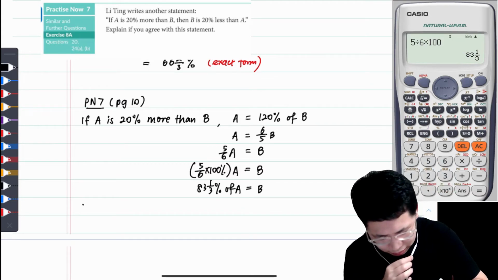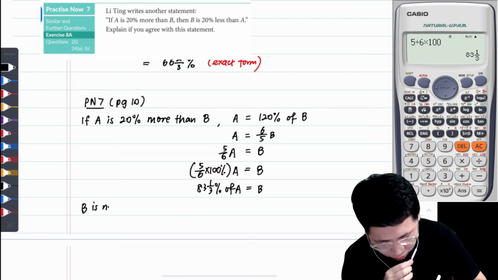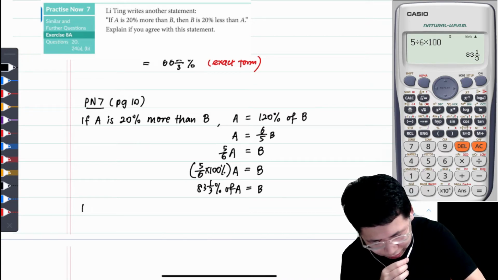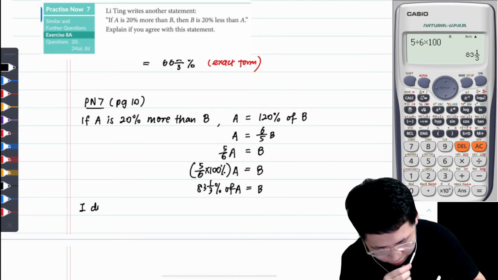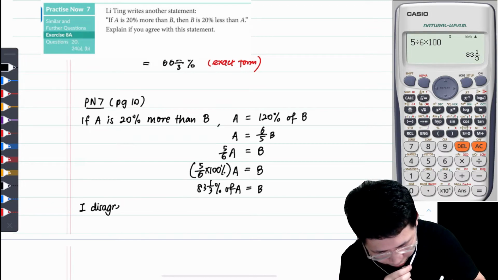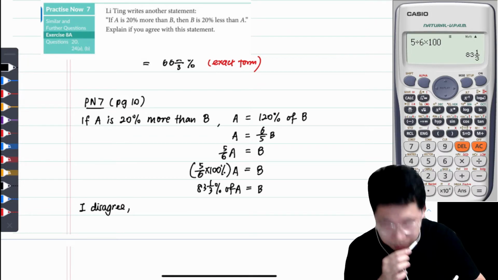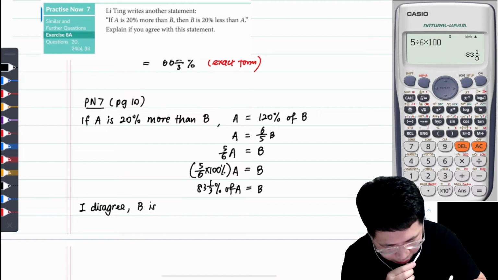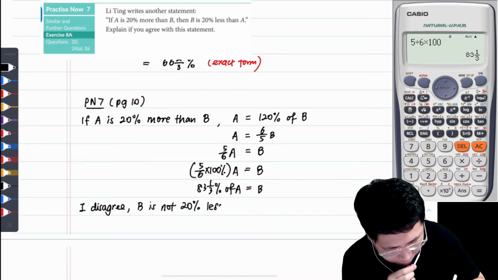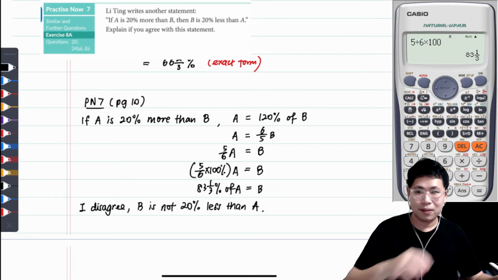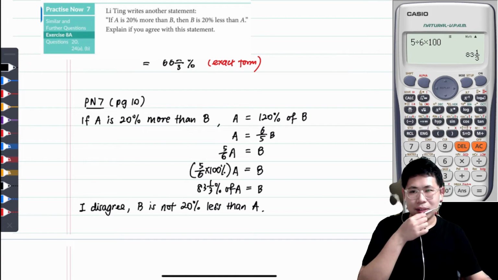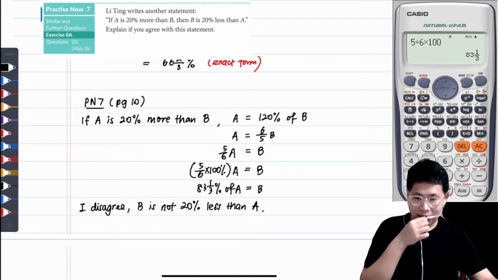Not really, it's less than that. So B is not. Or maybe you can write that I disagree, because B is not 20% less than A. In fact, it is less than that. Okay, so that's for practice now 7.